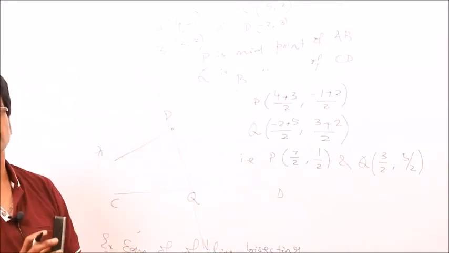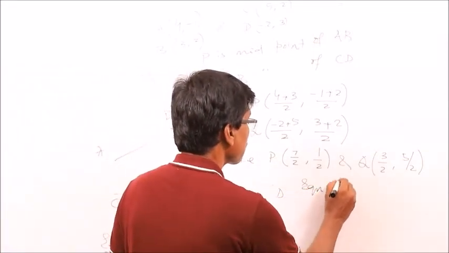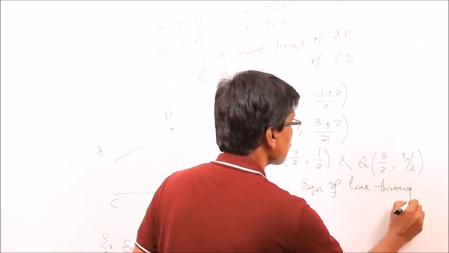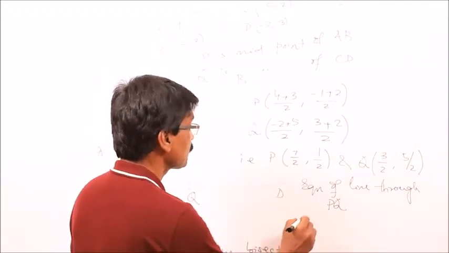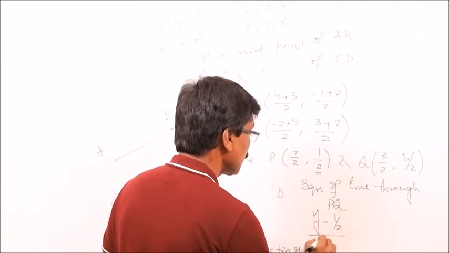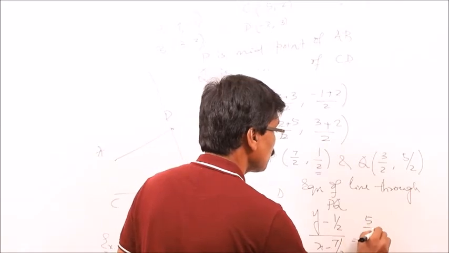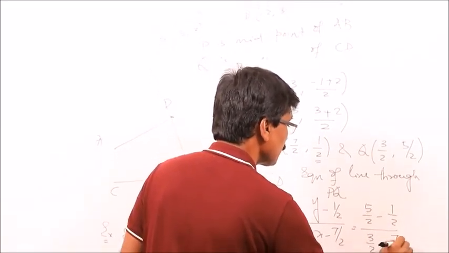So we have 2 points P and Q. So equation of line through PQ is y minus half divided by x minus 7 by 2 is equal to 5 by 2 minus half divided by 3 by 2 minus 7 by 2.